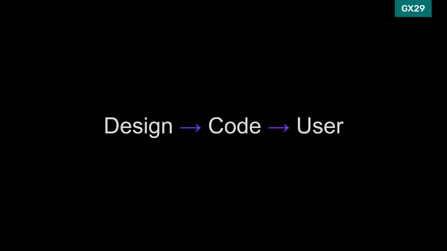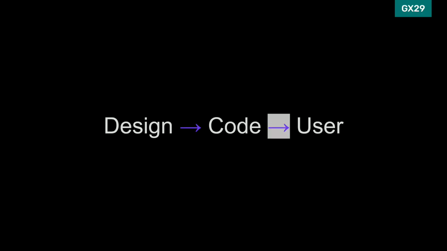Now, how can we transform this design process that goes through code until the final user? How can we go from design to user? And that's what design ops asks itself. So we have to focus first on going from code to user. We do need design systems to exist in code.